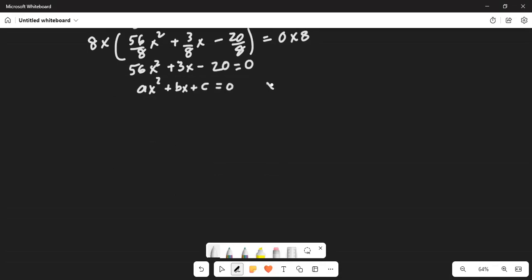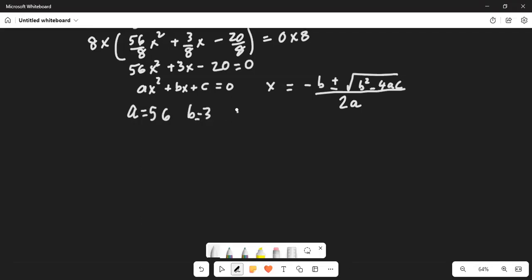And the solution using the quadratic formula is x is equal to minus b plus or minus the square root of b squared minus 4ac, divided by 2a. If I compare apples to apples, the coefficient of x squared in my equation, which is a in the common form, is 56. The coefficient of x, which is b in the common form, is 3. So b is equal to 3.